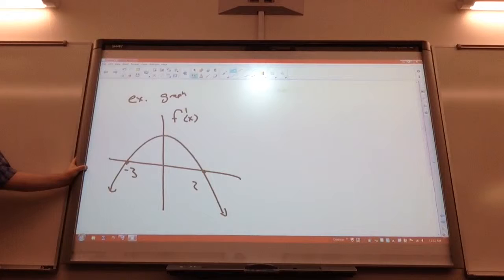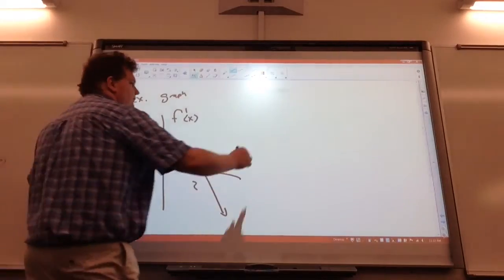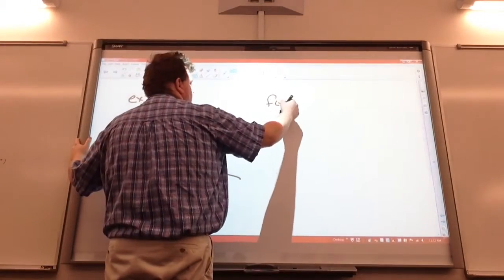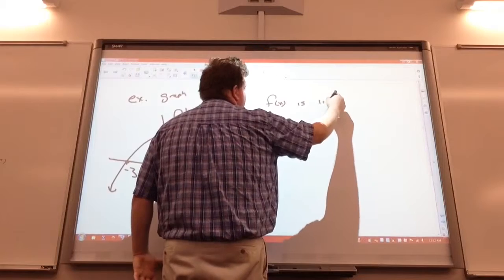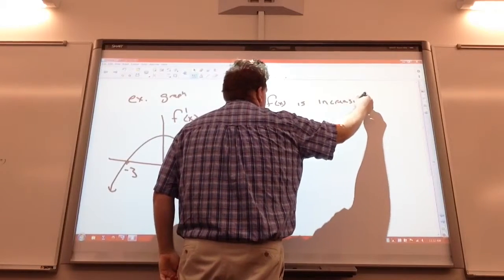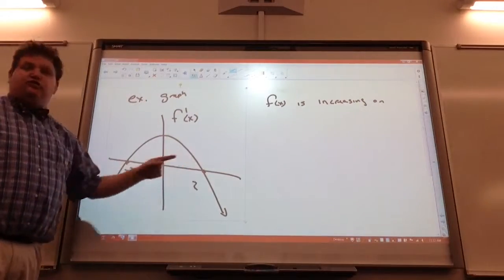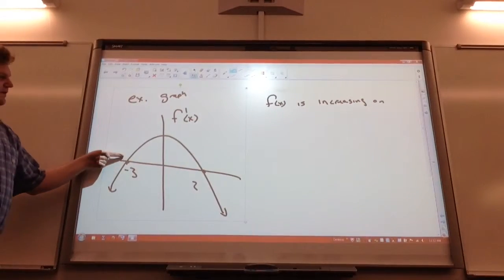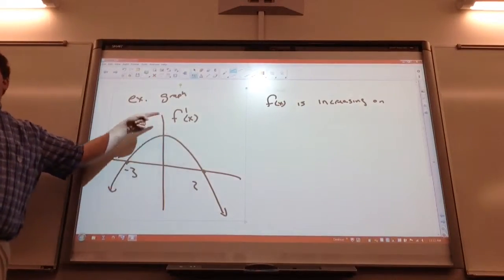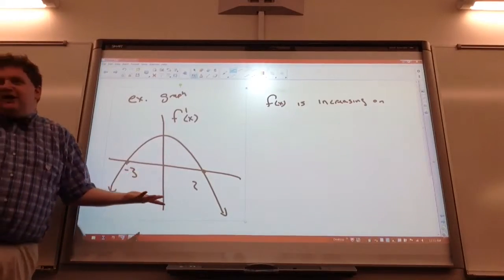From this graph here, I can tell you the intervals on where f of x is increasing and decreasing. I can also tell you where the critical points are. So f of x from this graph is increasing on -3 to 2. Why? Because that's where this graph of f prime of x is greater than 0.